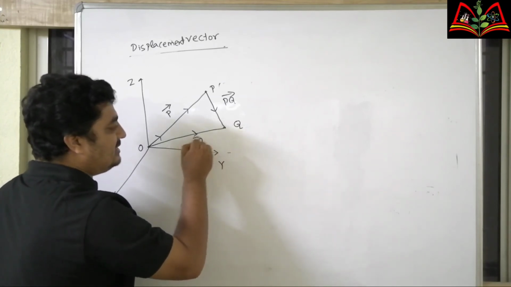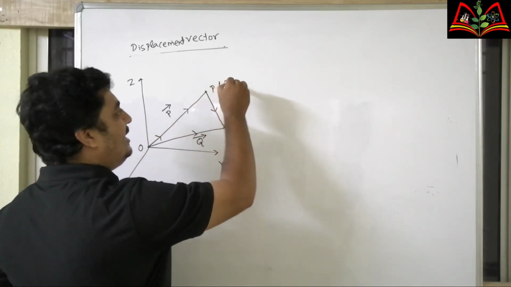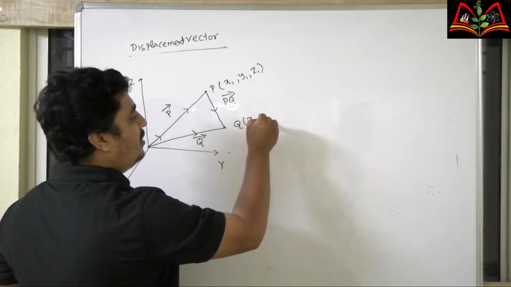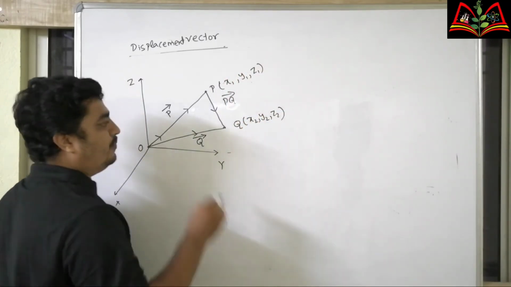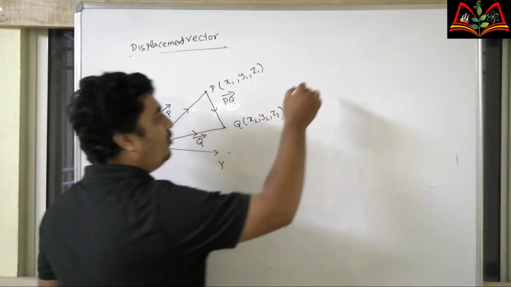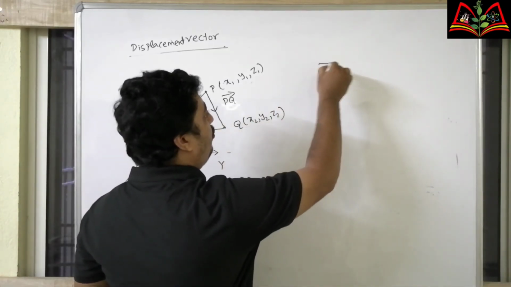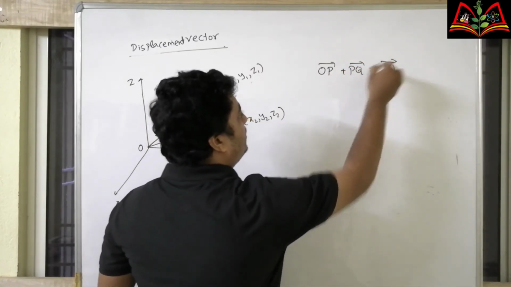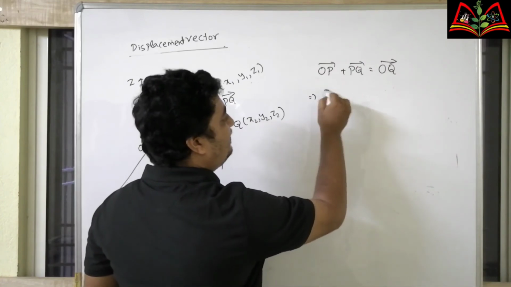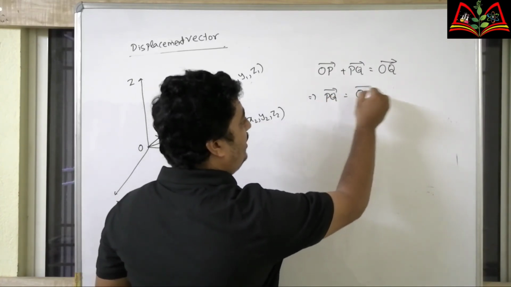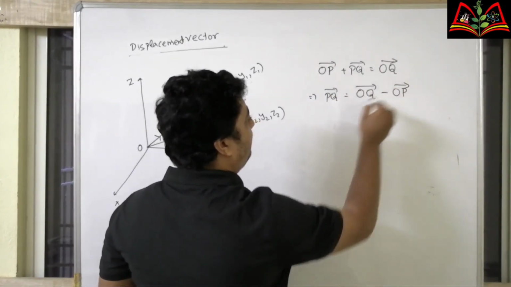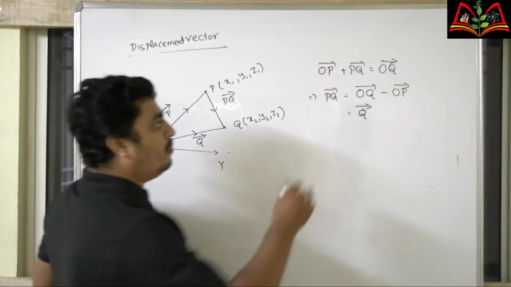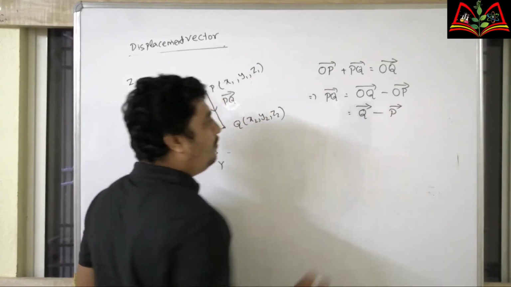Now, this is the position vector of Q. Let P have coordinates x1, y1, z1. Q has coordinates x2, y2, z2. Then in the triangle OPQ, we can write OP plus PQ equal to OQ. So the displacement vector PQ equal to OQ minus OP. That is equal to position vector of Q minus position vector of P.